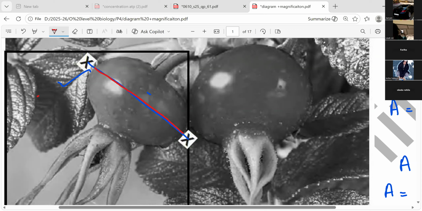The blue line or red line? What was the examiner asking?